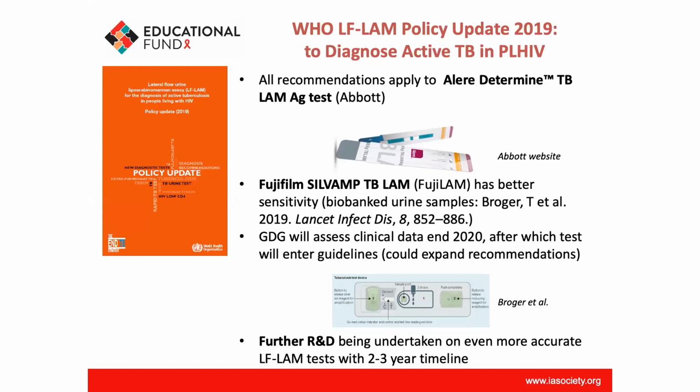And there you can see a picture of it from the Abbott website. And essentially you pipette 60 microliters of urine onto the test, and then it flows down, and if there's any LAM, it is detected on the test.